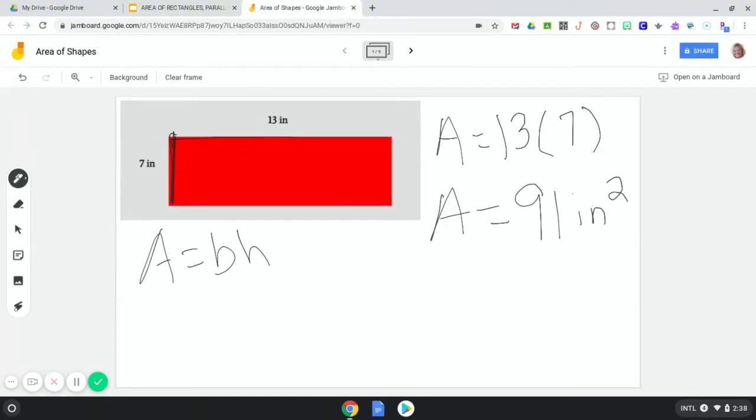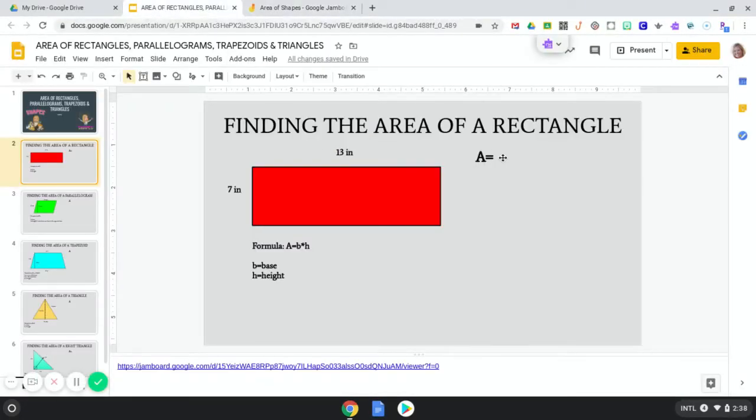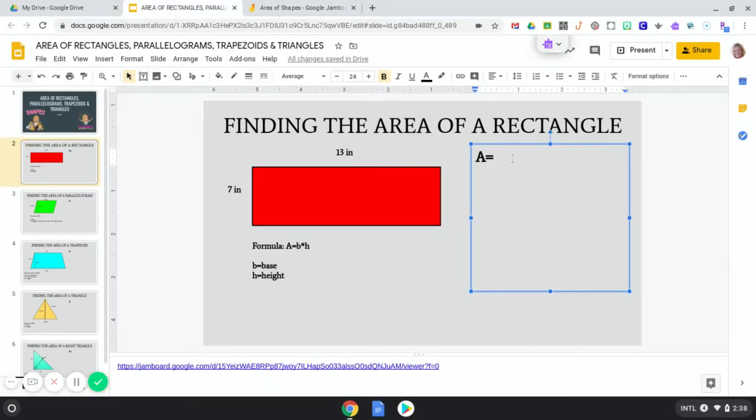So going back over into our notes, let's type up what we did. We took 13 and we multiplied that by 7. And when we did that, we got 91 inches squared.